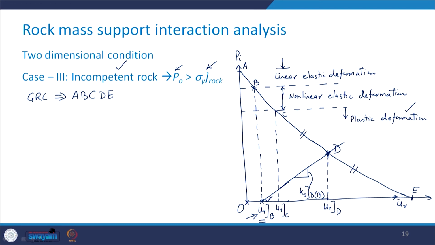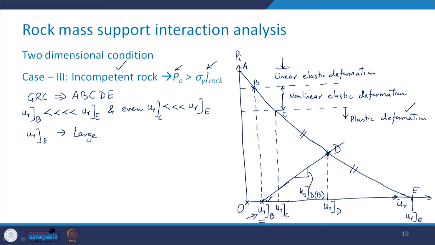Now, here at this point E, this URE, this UR at B is much less as compared to UR at point E. And even if you take a look at this figure, URC is quite less than URE, because this URE is quite large deformation, because it is the plastic deformation.